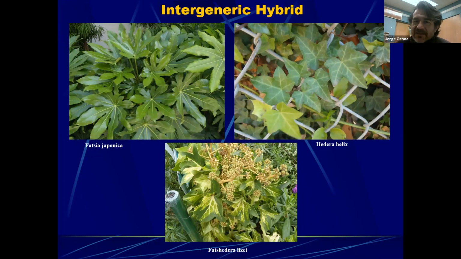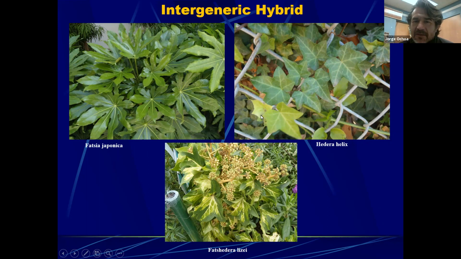And then we have the intergeneric hybrid, where we have plants from different genera. If they're part of the same family, there's a possibility. If they're part of the same genus, there's a good possibility. But the further you get from there, the more difficult it is to get actual hybrids. Here we have the genus Fatsia, Japanese aralia, with the genus Hedera, or English ivy.